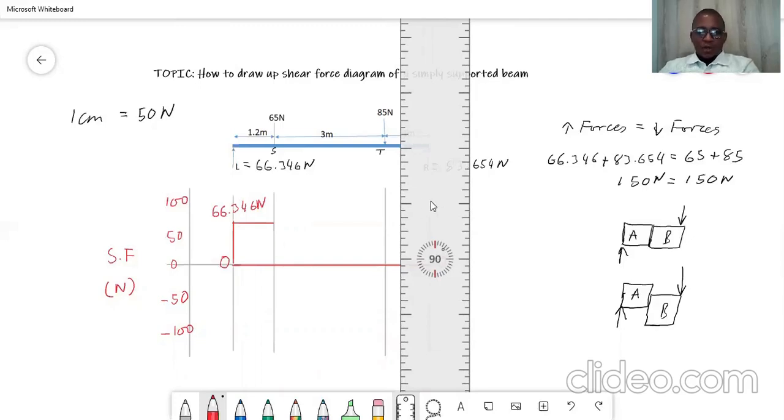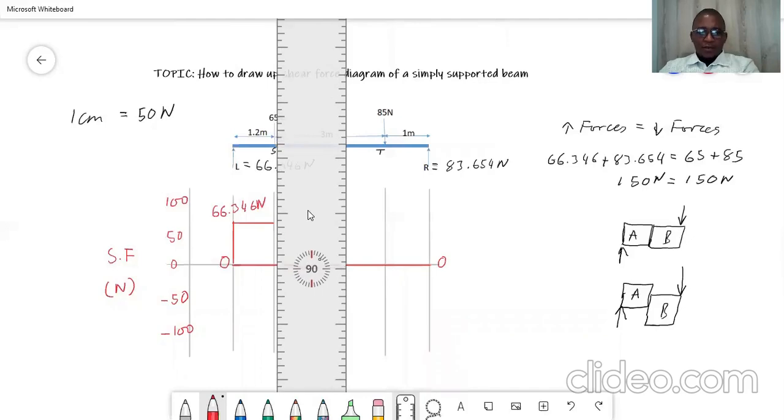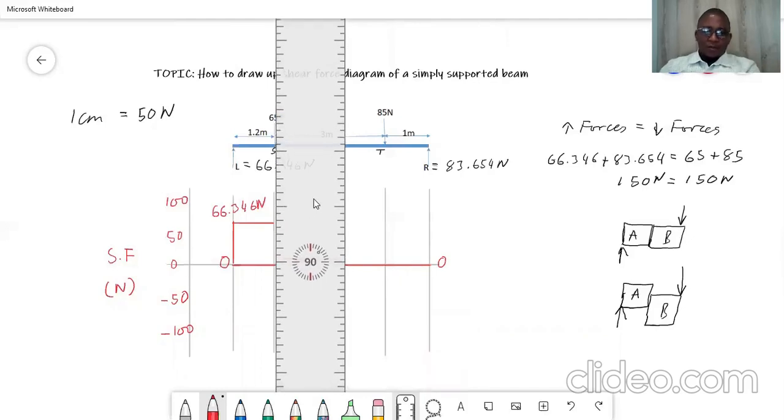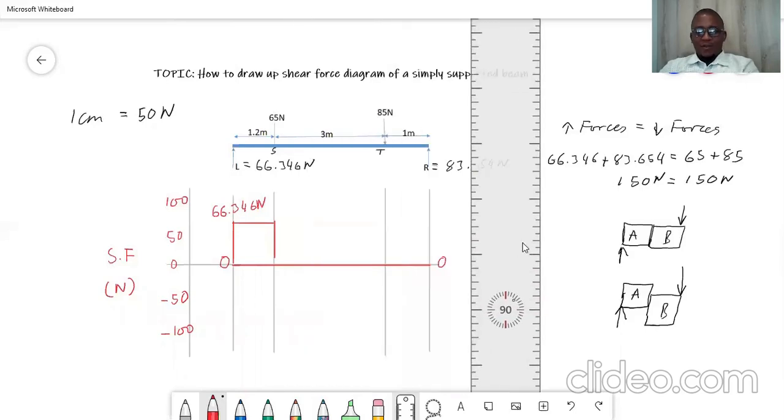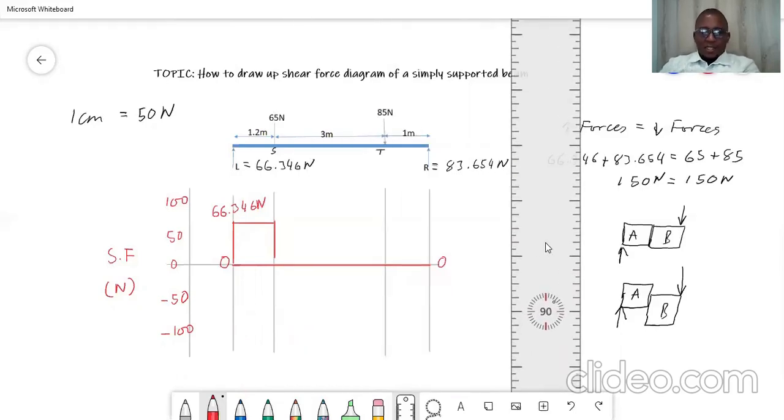So let us quickly draw that line from that point. That looks beautiful. Now let us just jot that point down before we forget: 1.346 newtons. That is that point.